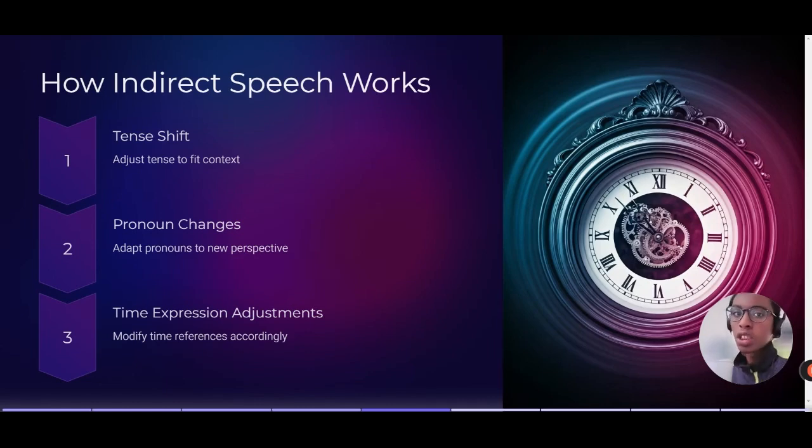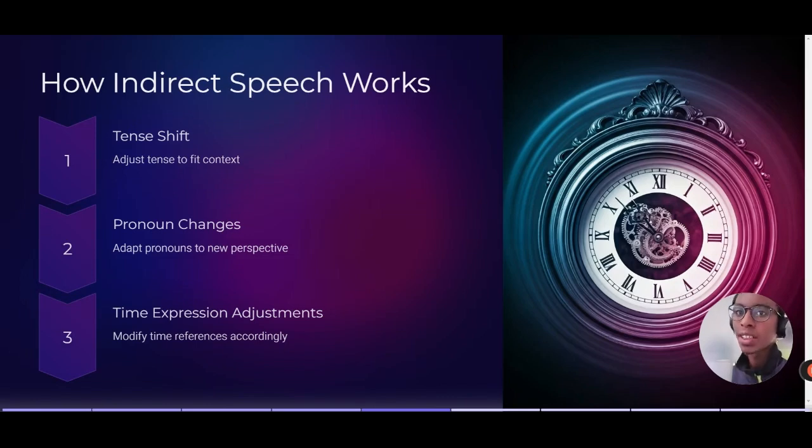In direct speech, for example: She said, "I saw him." Well, in indirect speech: She said that she had seen him. In indirect speech, you typically shift the tense back one step in time. So from present to past, or from past to past perfect.